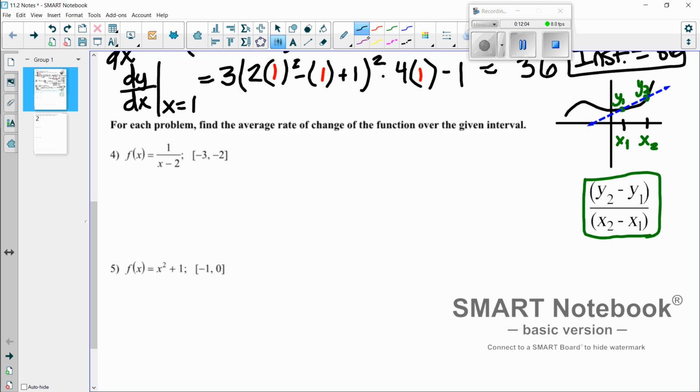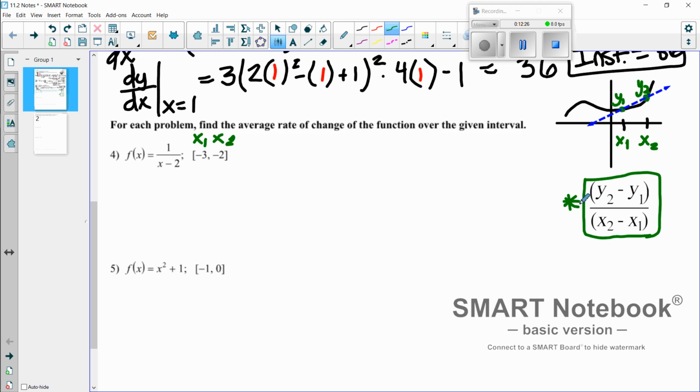And what I'm going to do, just to help me out, is just denote what x1 and x2 are here. Well, x1 is going to be -3, x2 is going to be -2. Now let's find y2 and y1, and then just plug it into that slope formula over here. Okay, so let's plug in, let's just do x1.